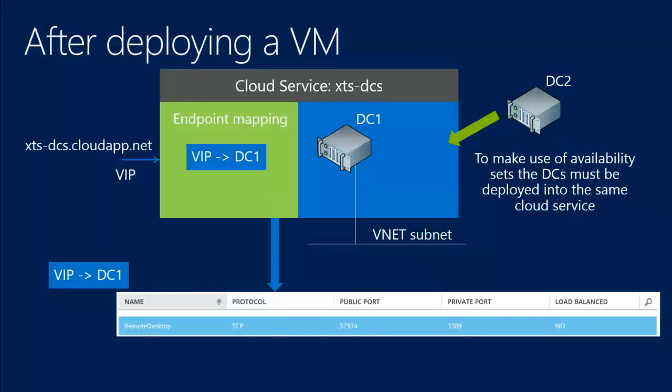Now, this is an interesting one, and this is slightly different if we're used to on-prem machines. We deploy a machine, we deploy a machine, we deploy a machine, and so on. Azure has this concept of a cloud service, and when we deploy a virtual machine, it goes into a cloud service.